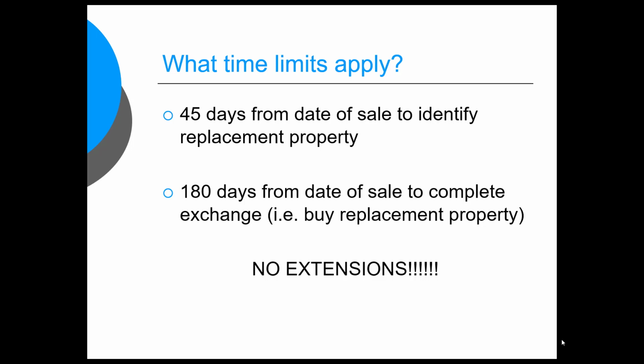The only exception to that rule is if there's a federally declared disaster in the area in which you're trying to purchase, and in those cases the IRS has to announce that there's going to be an extension of those deadlines. But I would not count on that, and we tell clients just count on there being no extensions. So once you sell your relinquished property, you have 180 days to close on your replacement property.